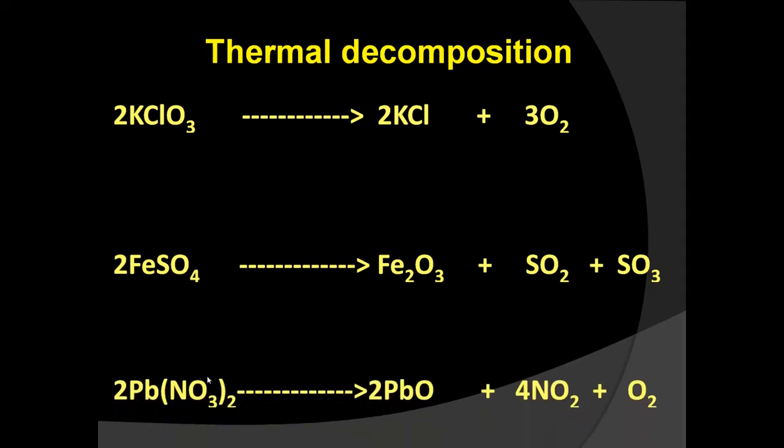When we take lead nitrate in a test tube and when we heat it, it gives rise to lead oxide, nitrogen dioxide and oxygen. What do you observe in all these reactions? Here a single reactant is giving rise to 2 or more products. In the first case we are getting 2 products. In the ferrous sulfate case, we are getting 3 products. In lead nitrate case we are getting 3 products. So this is an example for decomposition reaction.